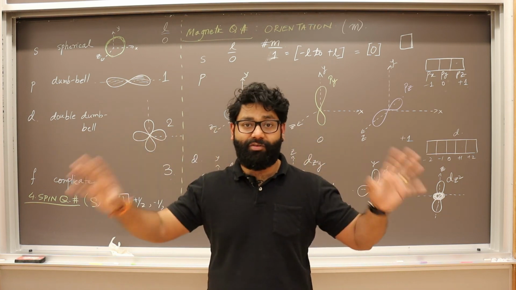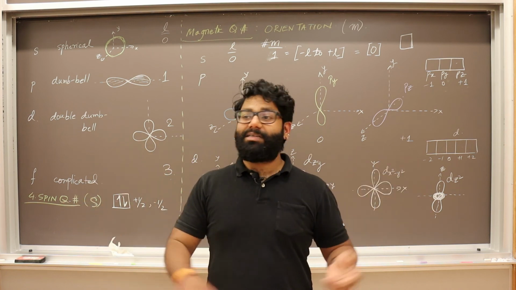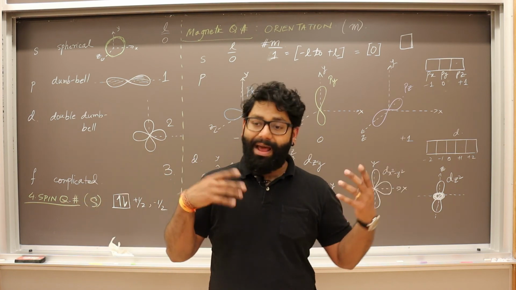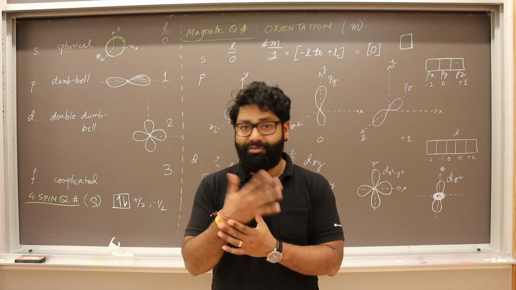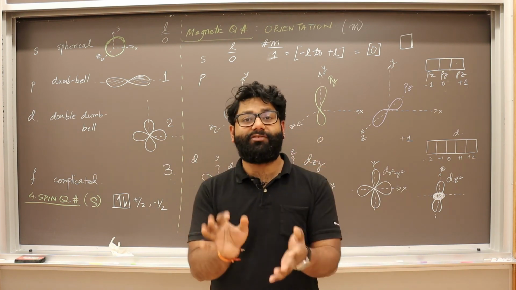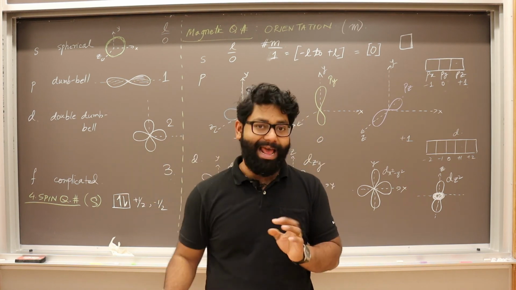So 2 electrons can have similar quantum numbers. They can have either 1 similar number or 0 similar numbers or 2 similar or 3, but no 2 electrons will have all 4 quantum numbers the same. It will not happen.